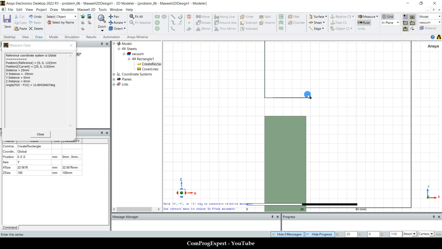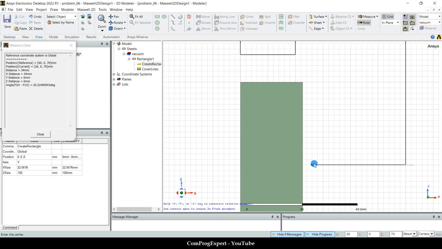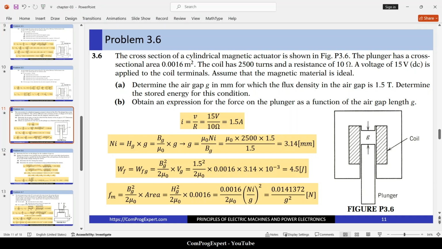So we can draw this according to what we have in the figure of the problem. Finally, let's close this polyline. This is the stationary part.